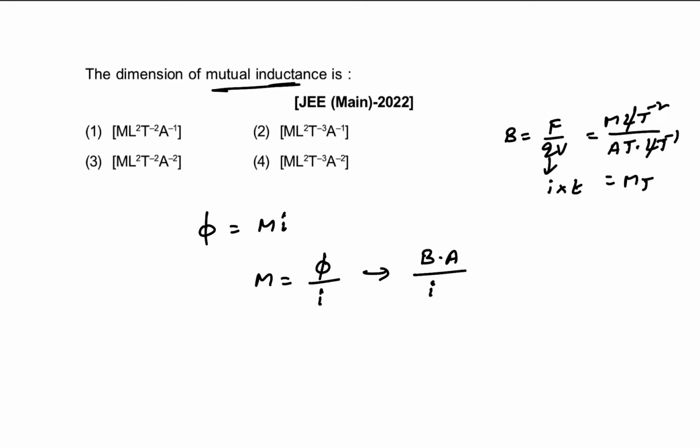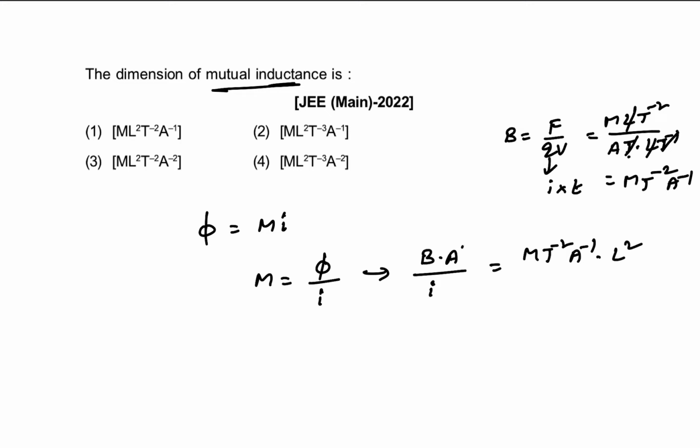So we can write M, L and L get cancelled, T power minus 2, A power minus 1: M T power minus 2 A power minus 1 is there. You also check properly. Next, the area and the current are there.